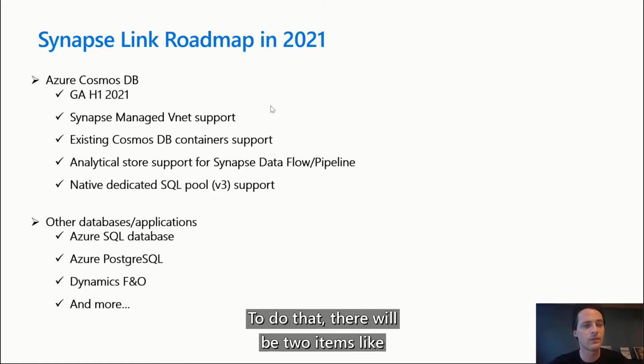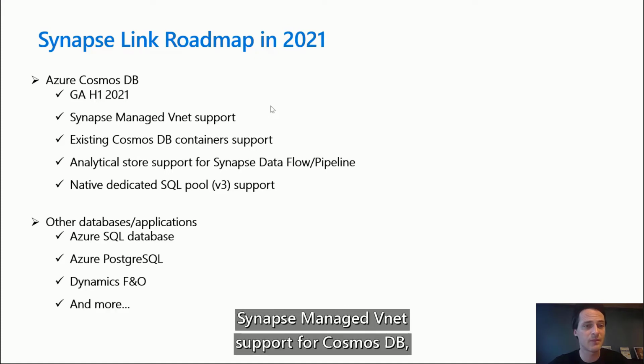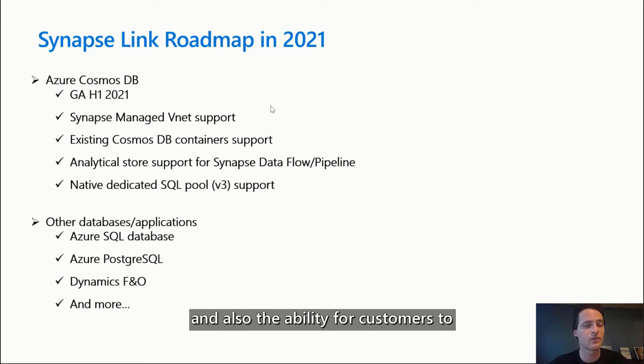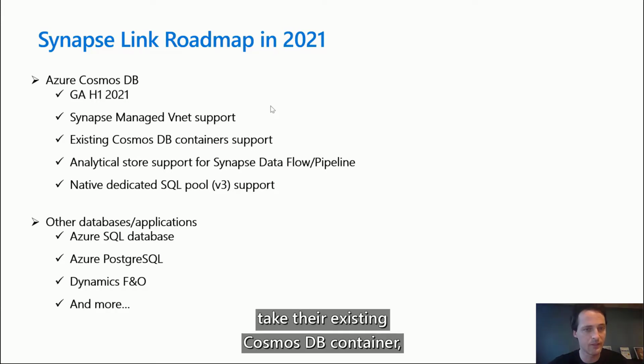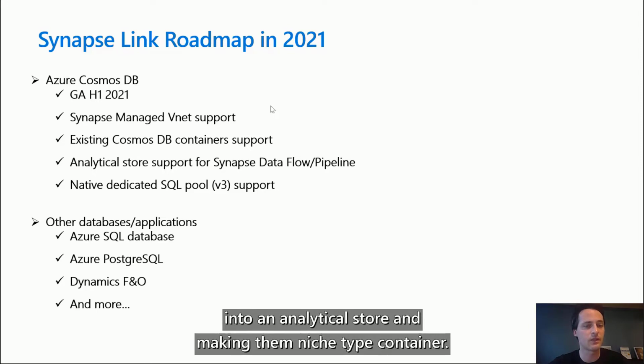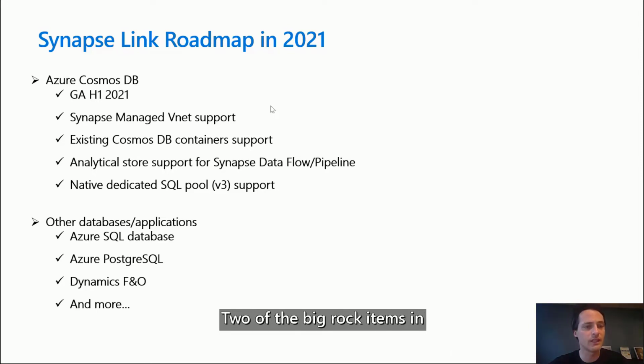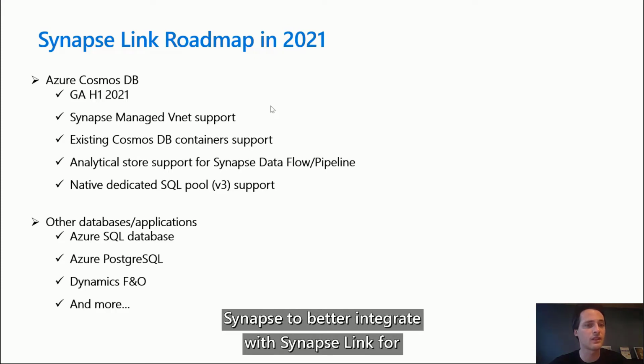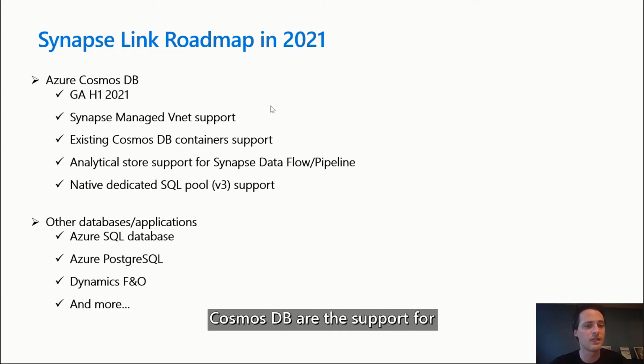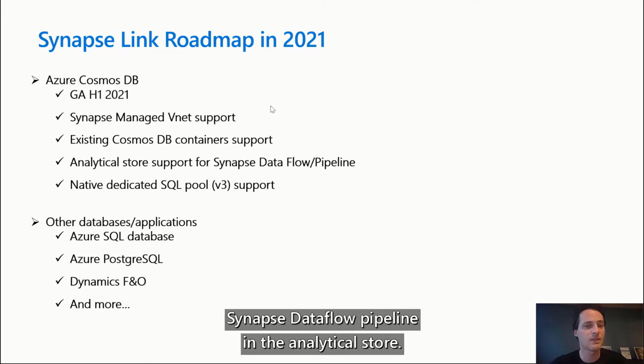To do that, there will be two items: Synapse Managed VNet support for Cosmos DB, and also the ability for customers to take their existing Cosmos DB container into an analytical store and make them analytical store containers. Two other big rock items in Synapse to better integrate with Synapse Link for Cosmos DB are the support for Synapse Data Flow and Pipeline in the analytical store.